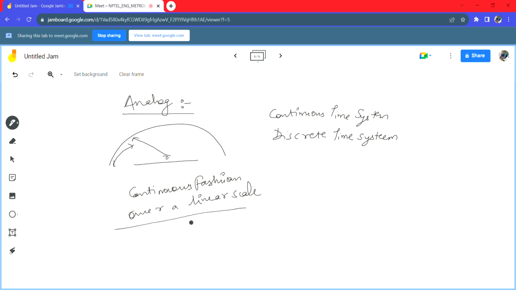Right now this is a linear scale. It can be a non-linear or a logarithmic scale also, but we don't have devices that are non-linear in nature in terms of the instruments that we are discussing right now. Fine. So these analog devices or the analog systems or the analog instruments give us the value in a continuous fashion, as we have discussed here, as compared to what?